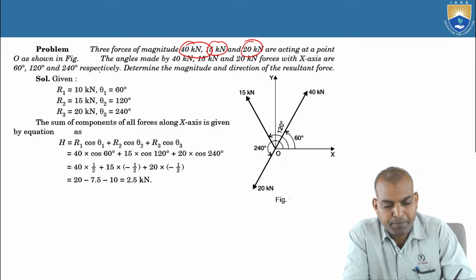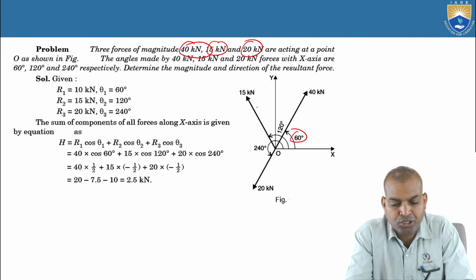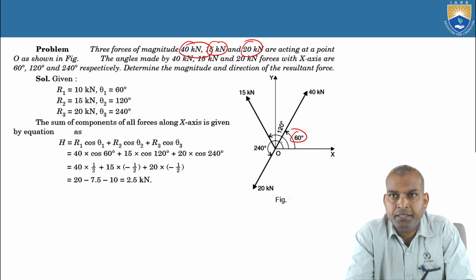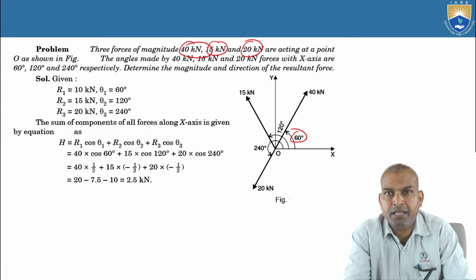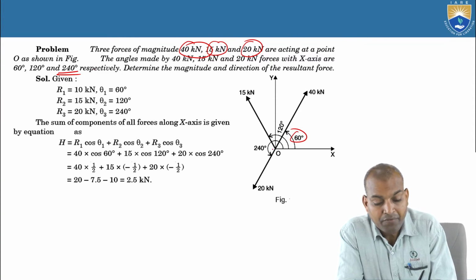Now the angles made: 40 kilonewtons is at 60 degrees, 50 kilonewtons is at 120 degrees, and finally 20 kilonewtons is at 240 degrees. With reference to what axis? The X axis here.